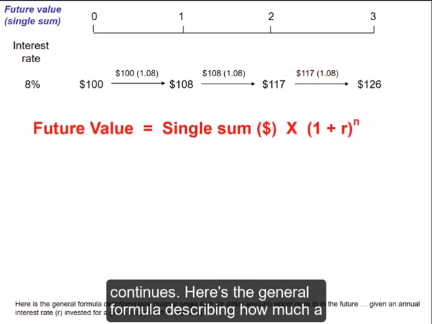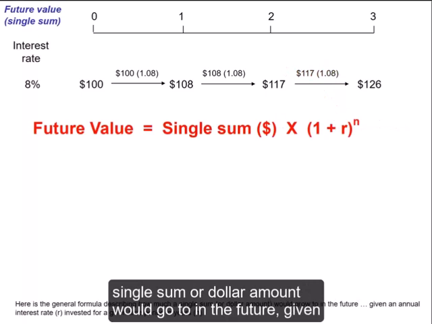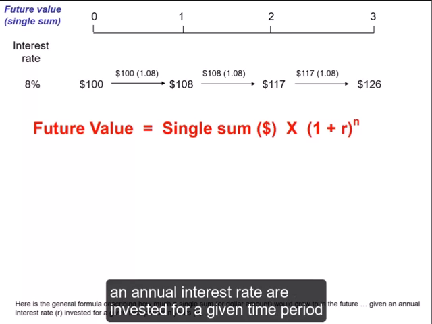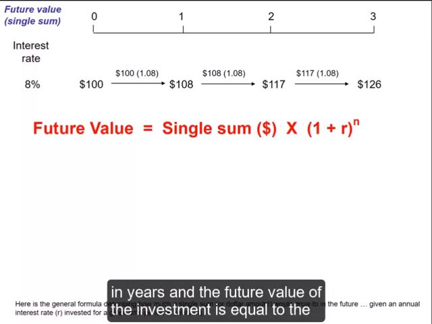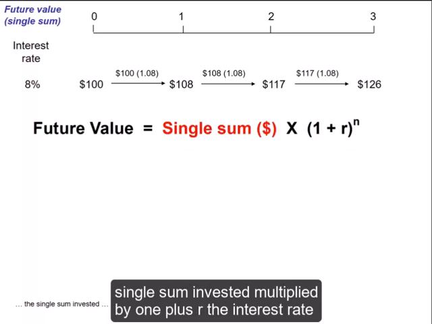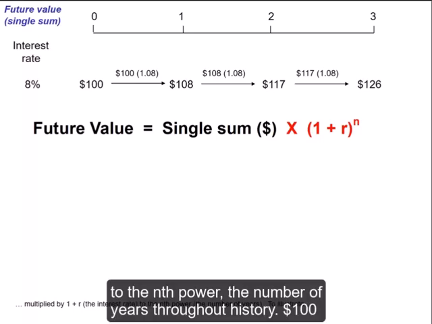Here's the general formula describing how much a single sum or dollar amount would grow to in the future, given an annual interest rate R, invested for a given time period in years N. The future value of the investment is equal to the single sum invested multiplied by 1 plus R, the interest rate, to the nth power, the number of years.